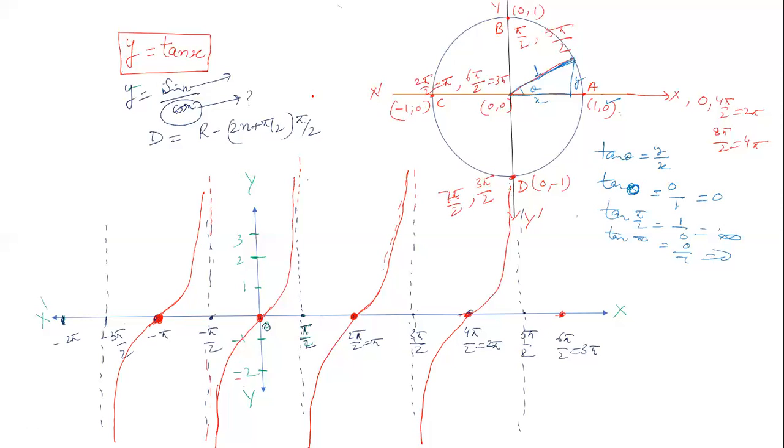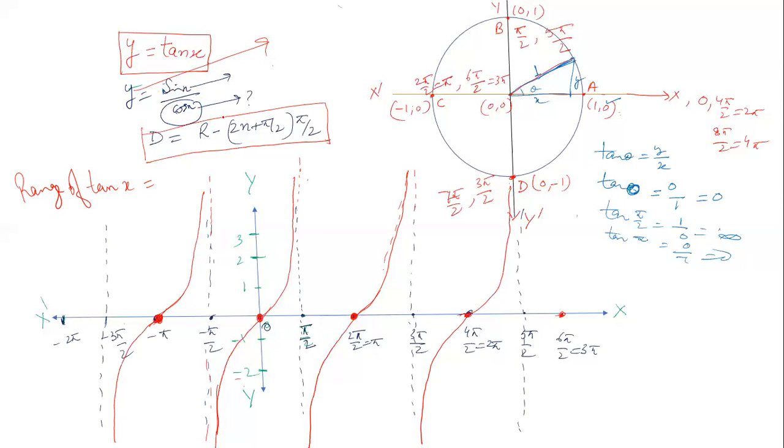What is the domain? We have already discussed: the domain of this graph would be all real numbers except odd multiples of pi by 2. What about the range of tan x? We can see the minimum and maximum values.